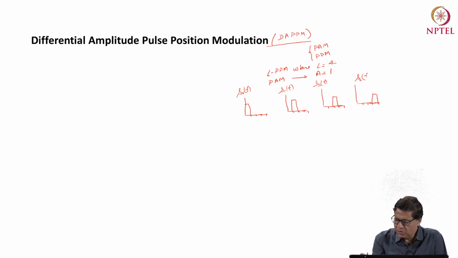There is one amplitude A, you can say this is P, this is P, this is P, and this is P. So this is L is equal to 4 and A is equal to 1.